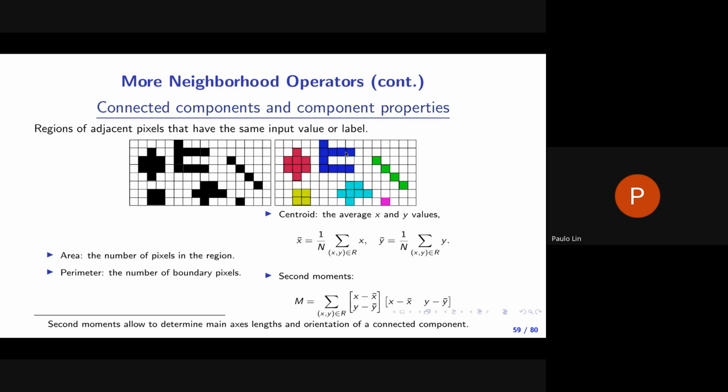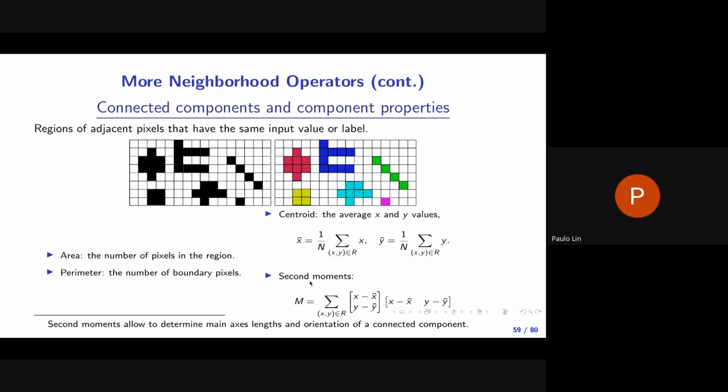We can get an approximate location of the connected component by computing the centroid, or we can get more insightful properties from these connected components by using the second moments.